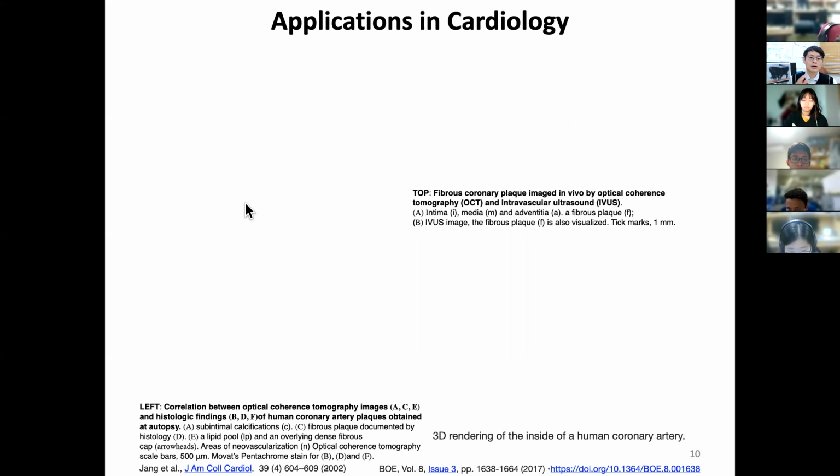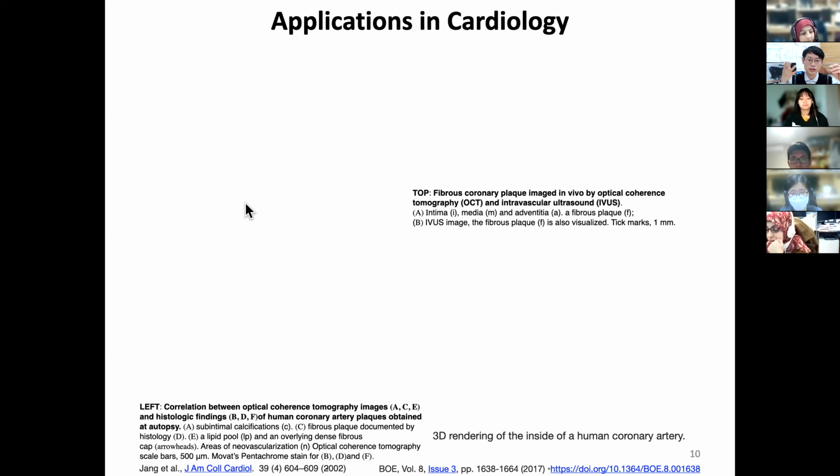Not only that, our clinic has a keen interest in solving cardiovascular disease. So cardiology is, of course, a great place for OCT to explore. But remember, in cardiology, most of the time we are interested in the coronary artery, where a stent is put.